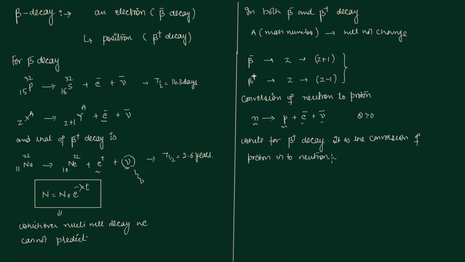So when a proton converts to a neutron, it will emit a positron with the emission of a neutrino.